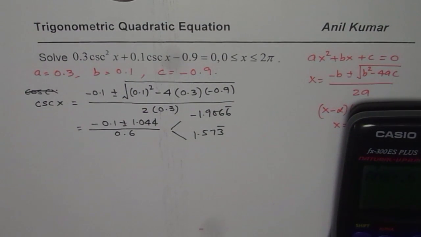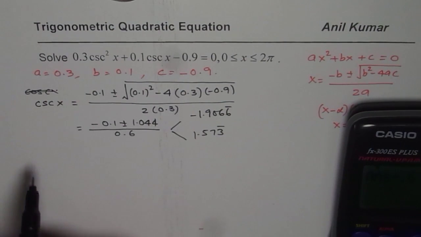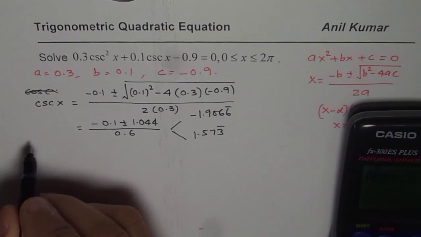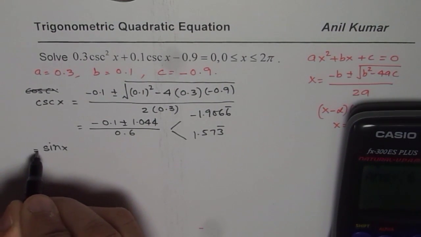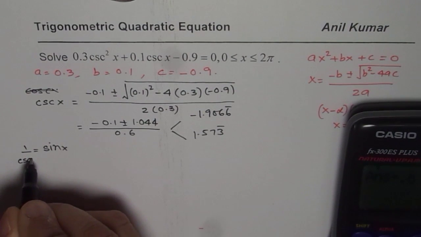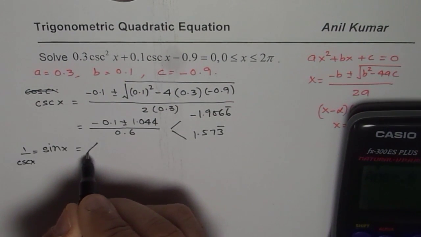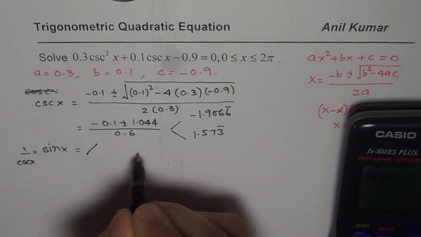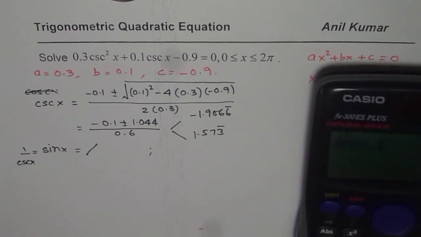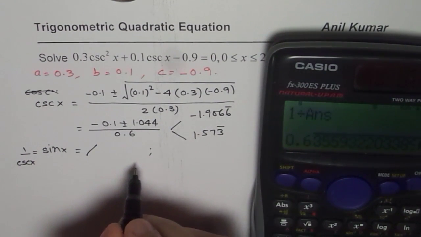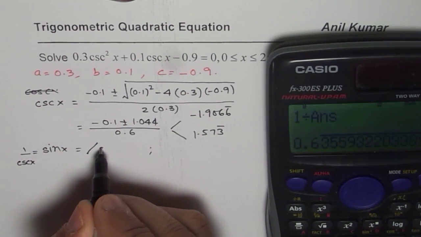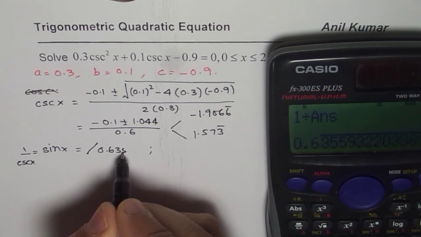Now if you are using a calculator, you cannot find the value of cosecant x, so you can find the value of sine x, right? If cosecant x is these values, then sine x is equal to 1 over cosecant x. So let's take the reciprocal of these values. We have two of them. So 1 divided by the positive answer gives, in decimals, 0.6356, let us say.